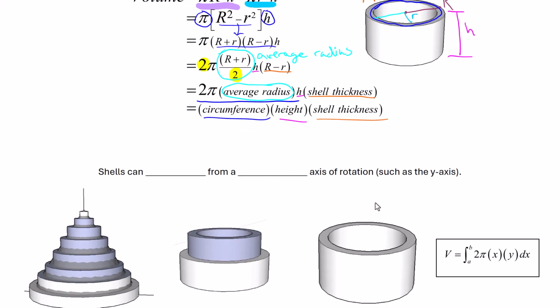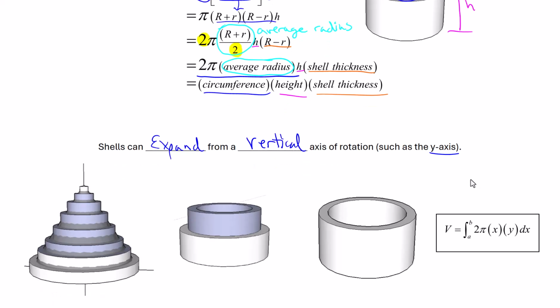Now, shells can expand from a vertical axis of rotation, such as the y-axis, of course, or horizontal. We'll see both here.